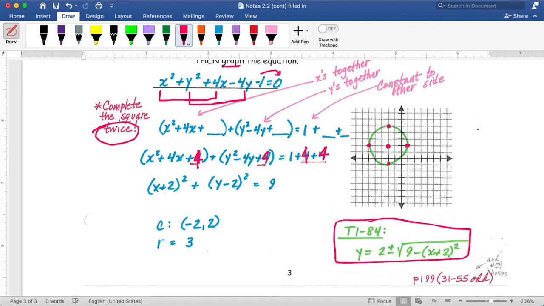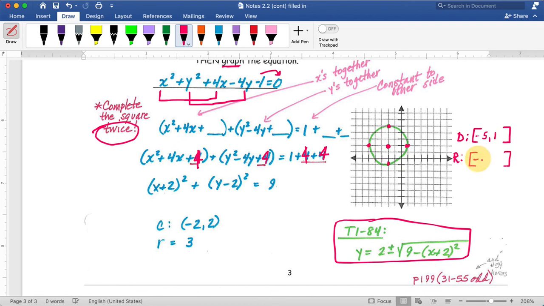What's the domain of this circle? What's the range of the circle? Well, the domain is farthest left to farthest right. Yes, it's the x values, parallel to the x-axis. So we're looking at 1, 2, 3, 4, from -5 to +1. And the range of the circle is lowest to highest.